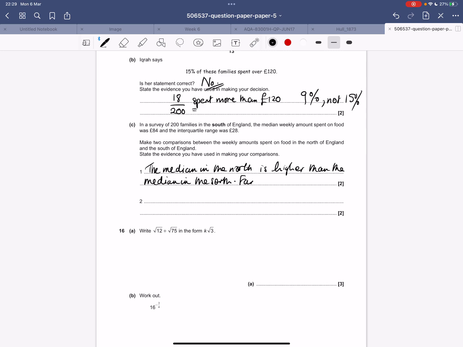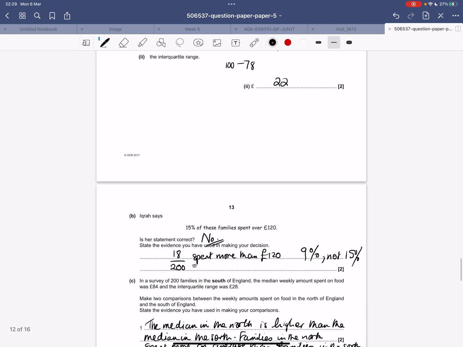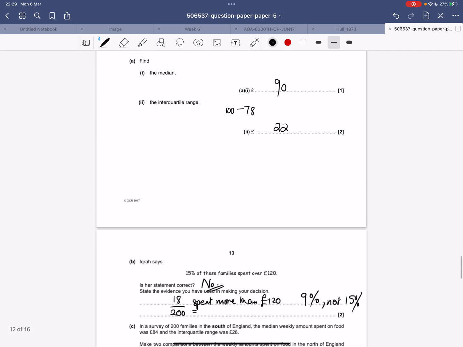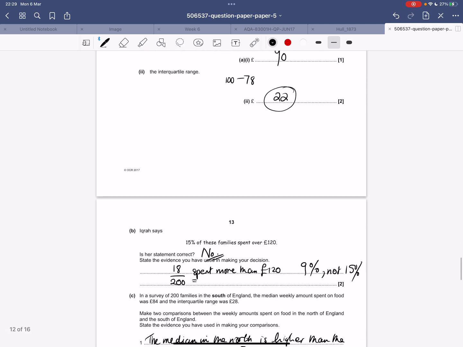So families in the north spent more on average than families in the south. And then the interquartile range, so that one's 22 and that one was 28. That's the interquartile range there.